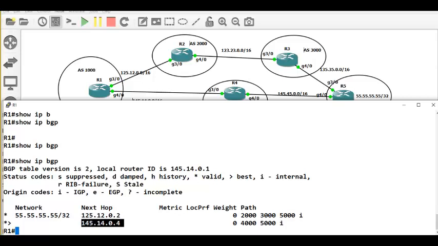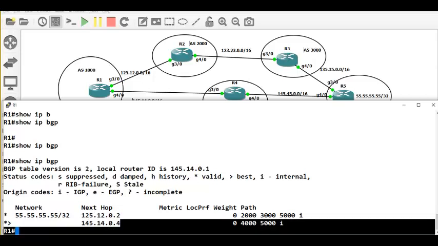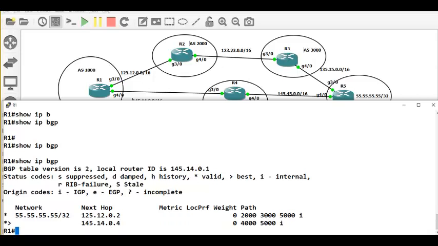And you see again the next hop, well-known mandatory attribute. For this network, you got two paths. One via router 2, autonomous system 2000, another via router 4, autonomous system 4000. How do I know? Another well-known attribute says this is the via.